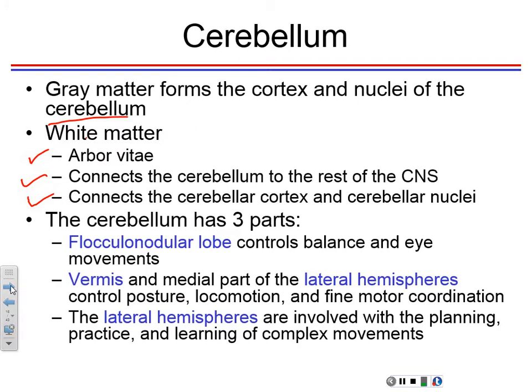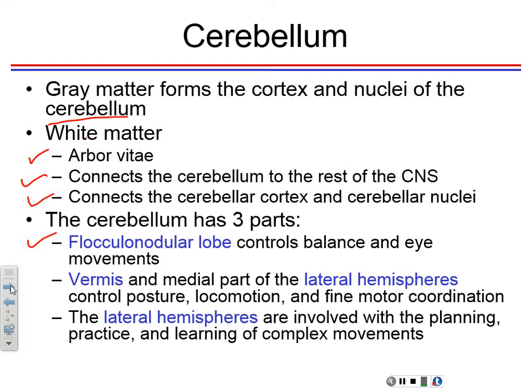The flocculonodular part, ocular, you can start to imagine it deals with the eyes. And then balance, because you need your eyes to balance. Have you noticed how it's difficult to balance when your eyes are closed? Because you need vision for that. So for the most part, some of these parts tell you what the part does, because that's how they are named.